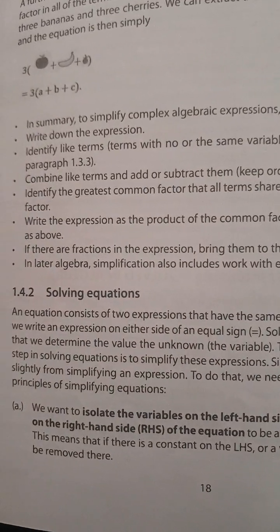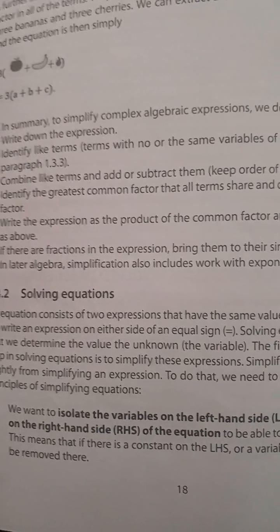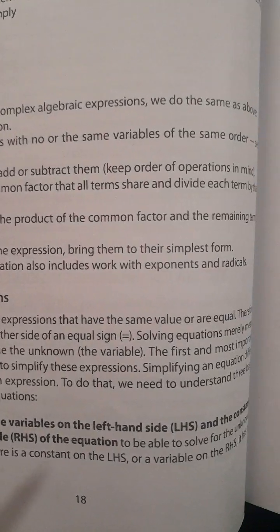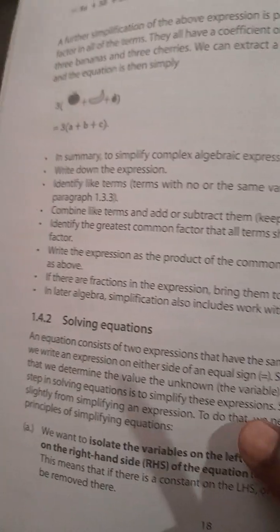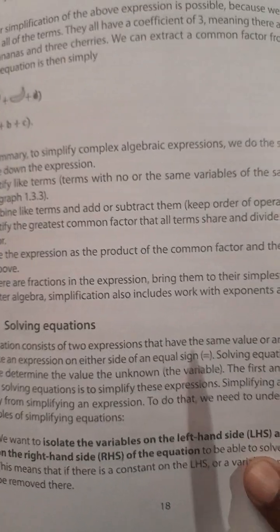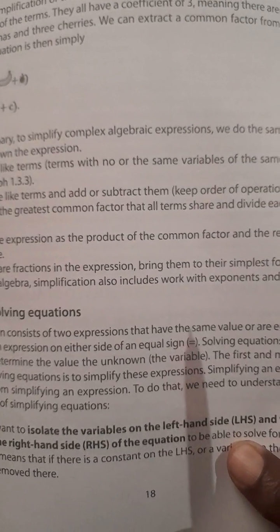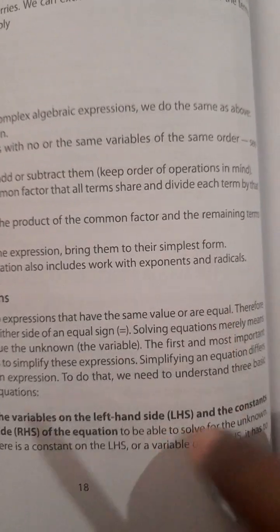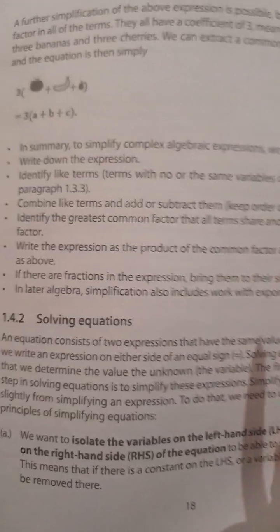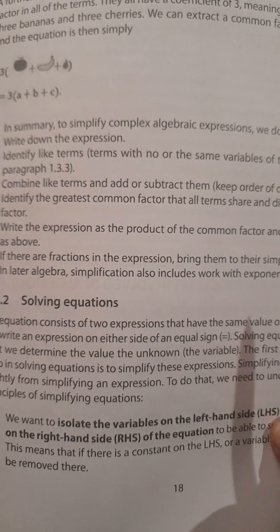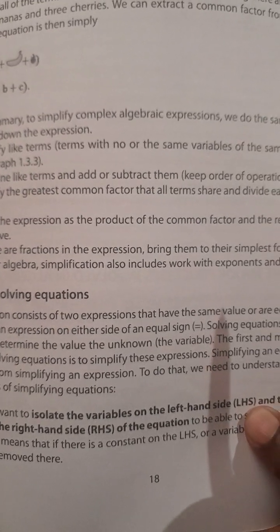Solving equations. An equation consists of two expressions that have the same value or are equal. Therefore, we write an expression on either side of an equal sign. Solving an equation merely means that we determine the value of the unknown variable.